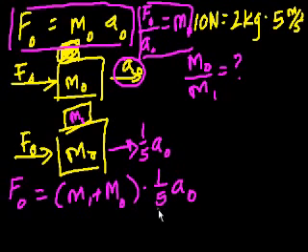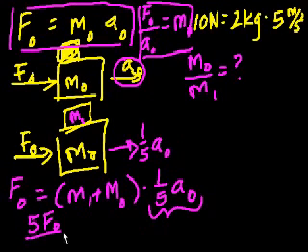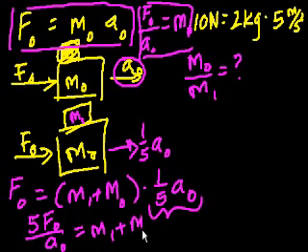And so if we divide both sides by this term right here, dividing by 1/5 is the same thing as multiplying by 5. So you get 5 f sub 0 over a sub 0 is equal to m1 plus m0, right? I just divided both sides by this term right here.